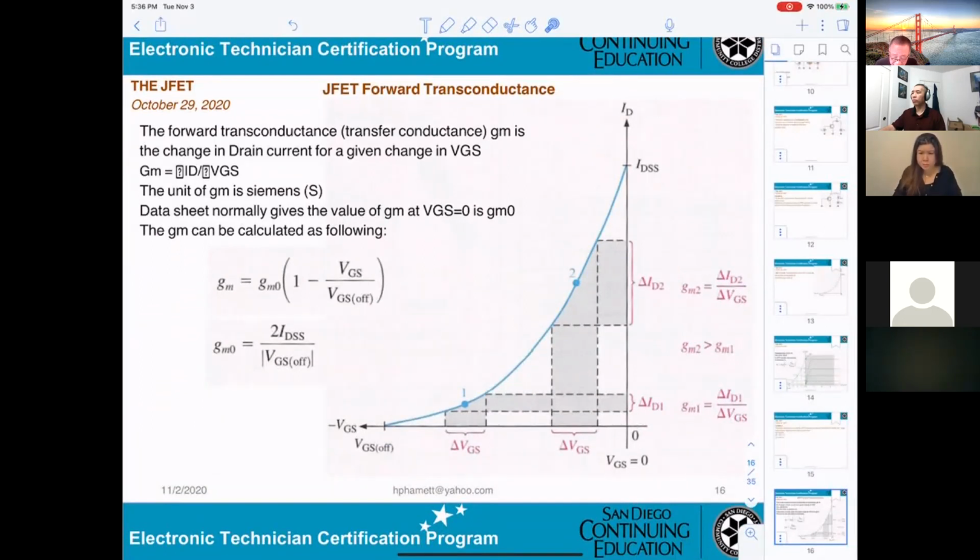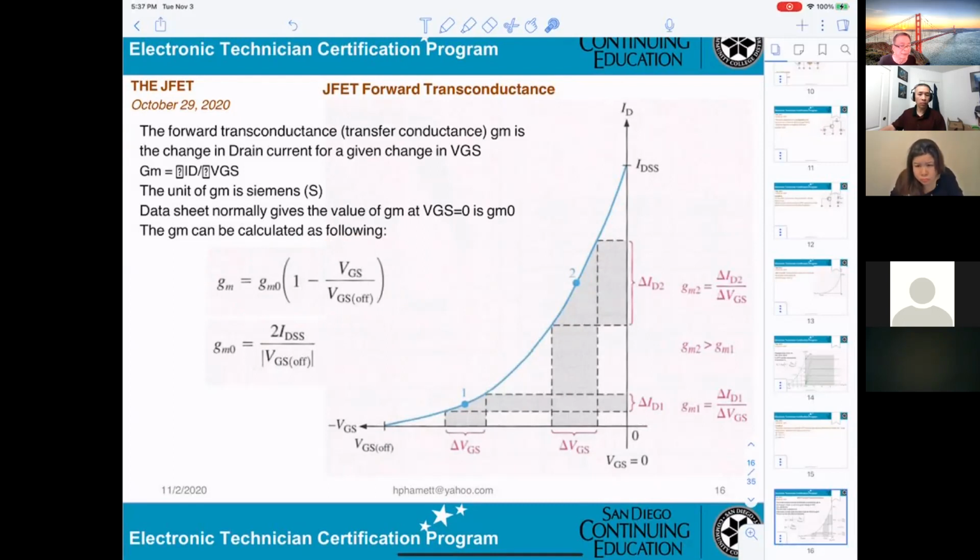The definition is not important; the important thing is the formula: GM equals GM0 times (1 minus VGS divided by VGS off).